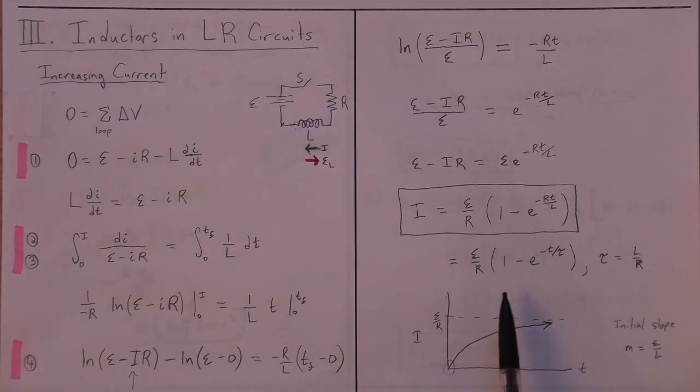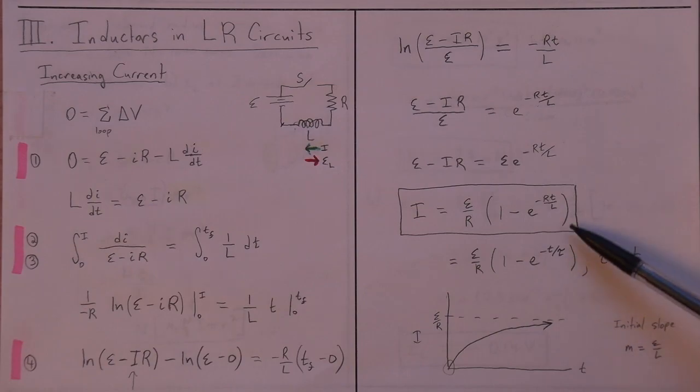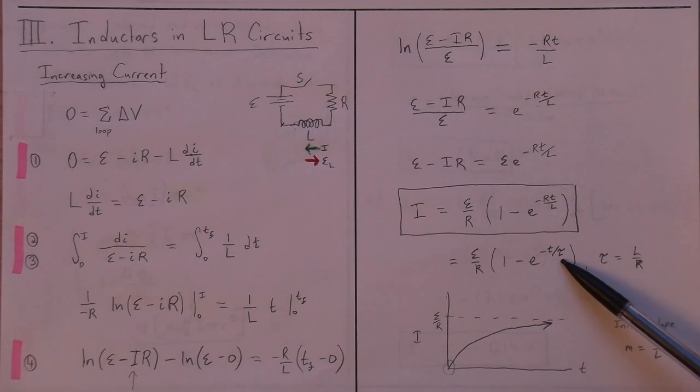Okay, so I just want to also point out before we look at the graph that very often it's customary to replace L over R with tau, a Greek letter, the same symbol that we used in torque and mechanics. And if you do that, then you could put e to the negative t over tau, as long as you define tau as L over R. It's called the time constant.